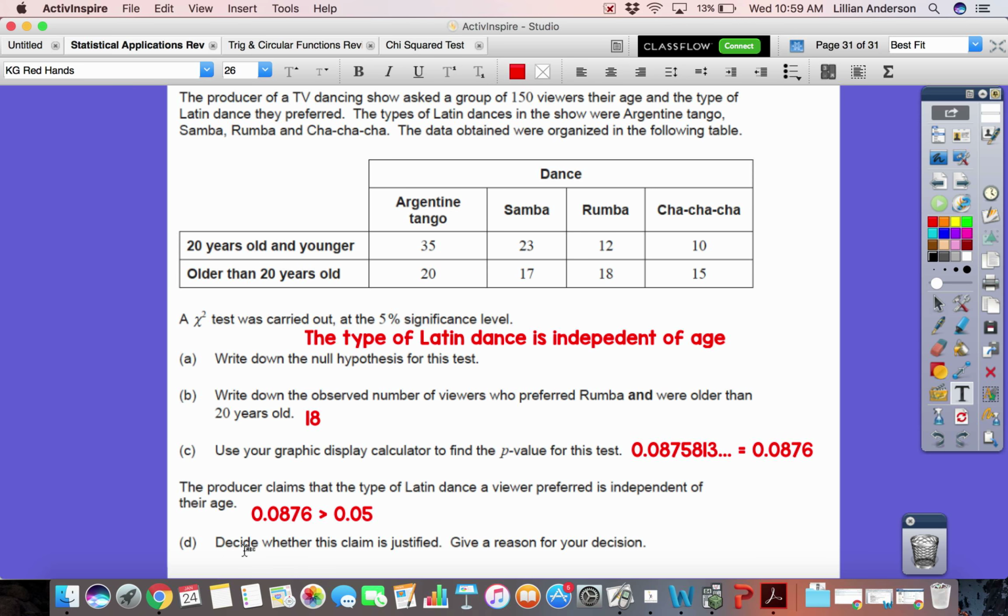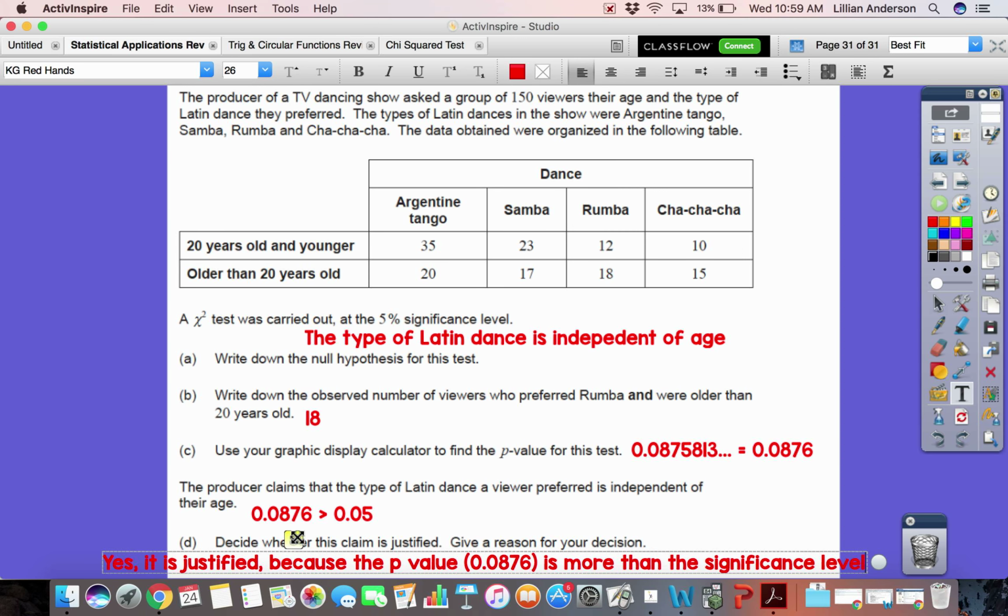So is the claim justified? You would say yes, it is justified. And then give a reason for your decision. You would say because the p-value is more than the significance level. And you can have the numbers as well to support it.